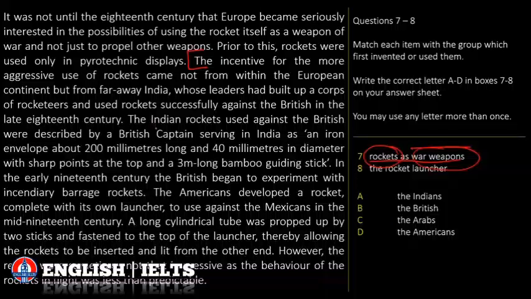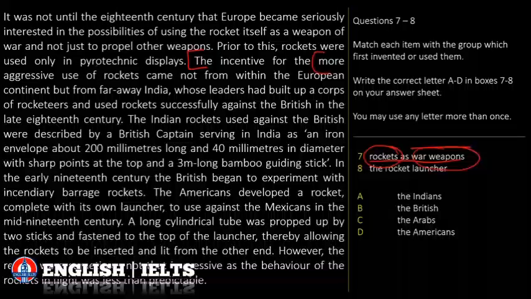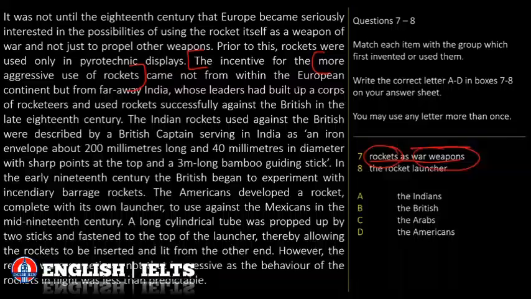They have mentioned aggressive use of rockets, so this phrase is giving you a hint of war weapons. Second thing, within the European continent, but from far away India. They already mentioned the answer here. Rockets as a war weapon is mentioned in the first part, and the second part provides you the answer. That's A.